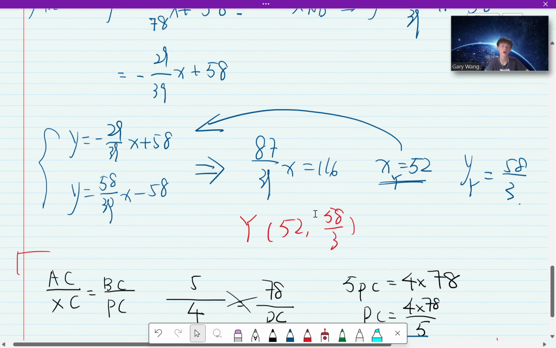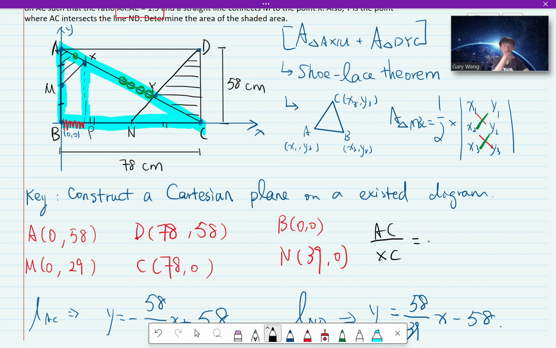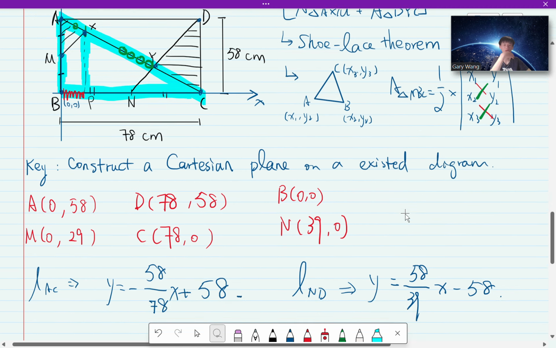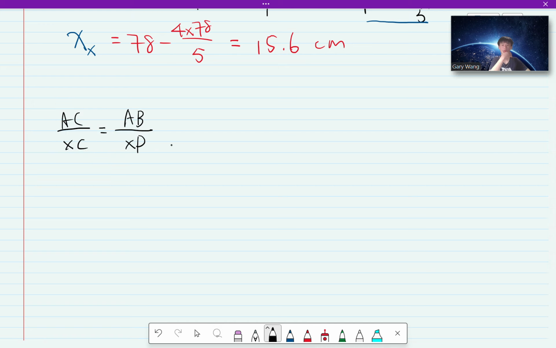And then we also want to get the y value of point X, which is the distance of XP. So we can obtain another equation of similarity, which will still use AC over XC equal to AB over XP. So this is the similarity equation that we are going to use to solve for the y coordinate of point X. So let's take a look.